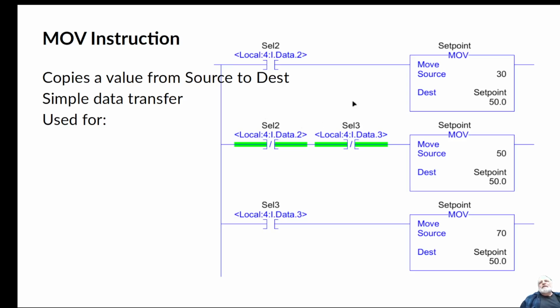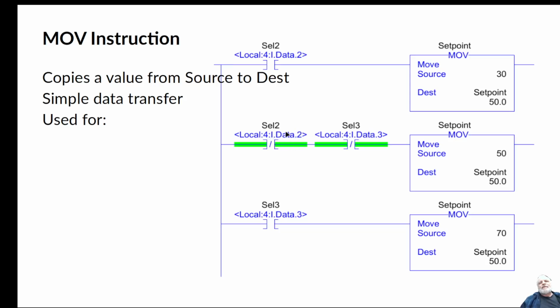All right, so here's an example of a move instruction. Actually, what I'm using here is a selector switch. So I have a 3-position selector switch. On the left side, the selector switch is wired into bit 2 of the input card on 4. If the switch is turned all the way to the left, it'll activate this, which will move a value of 30 into a tag called set point.